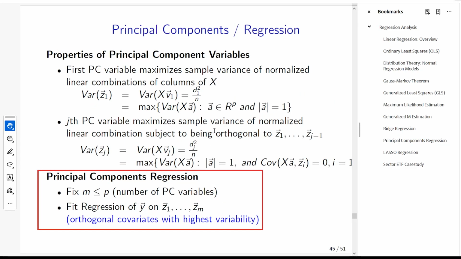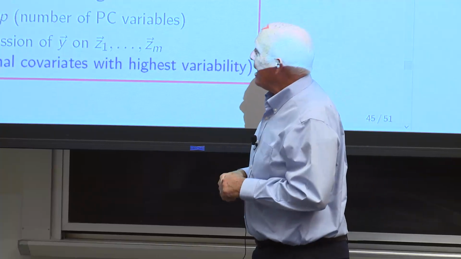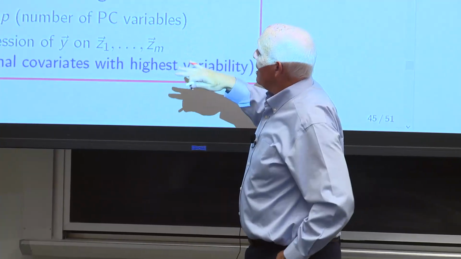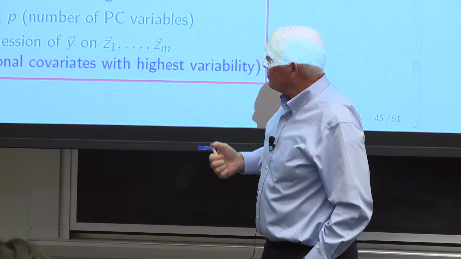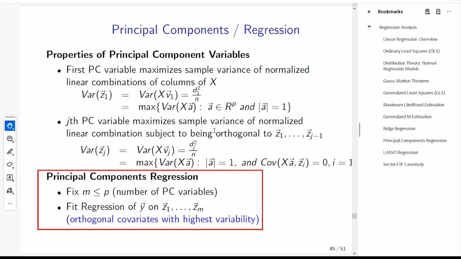With principal components regression, one has principal component variables which are orthogonal to each other, and so the computation of their coefficients is very simple. We can calculate them separately, and we can consider using maybe just the first M principal component variables in our regression.